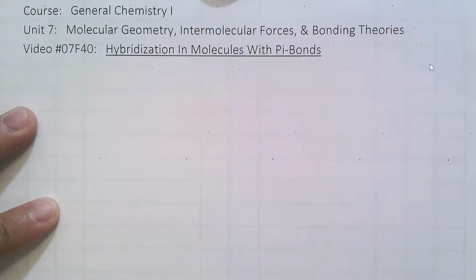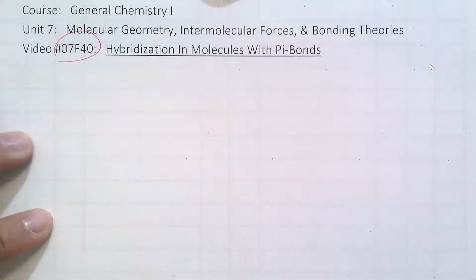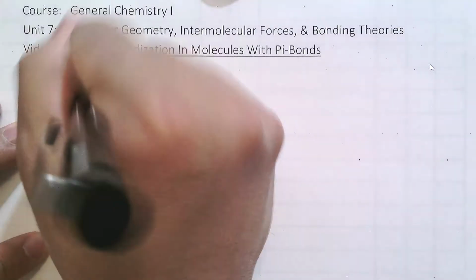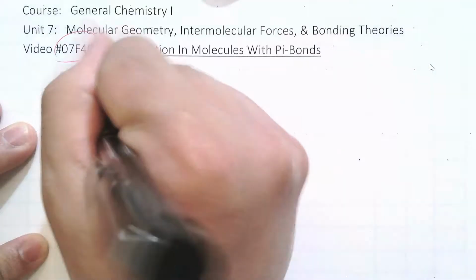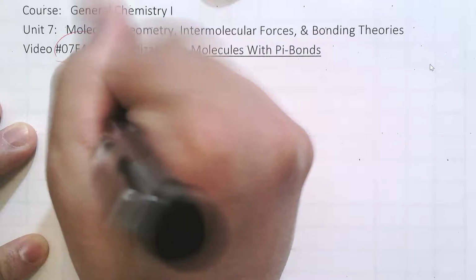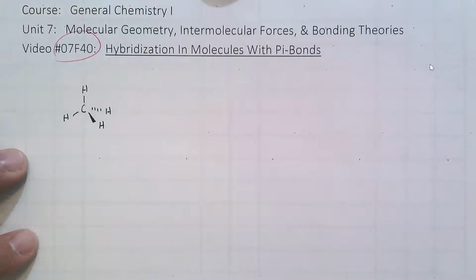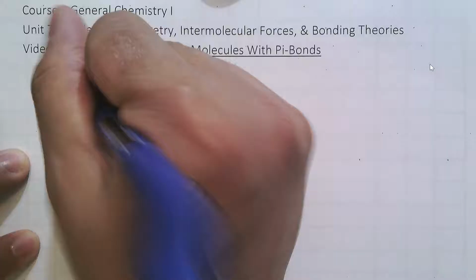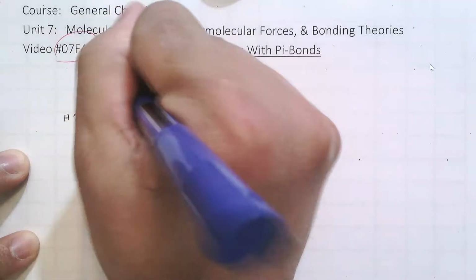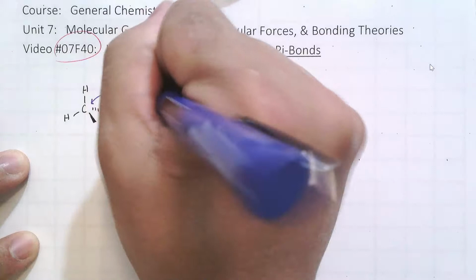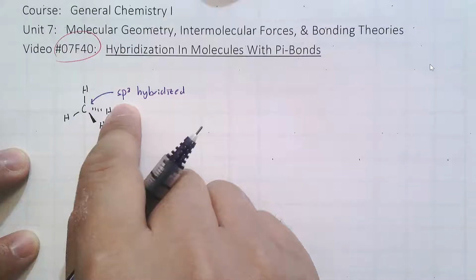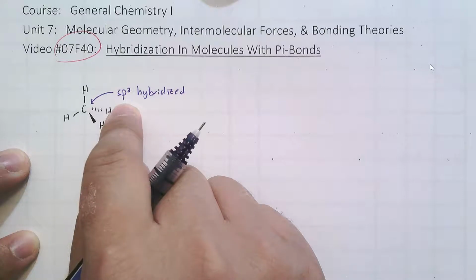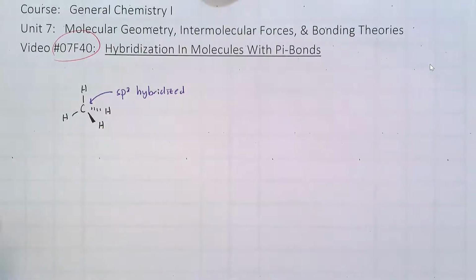Okay, let me just remind us that when we have carbon and there are 4 single bonds, that carbon is hybridized. Do you remember what kind of hybridization this carbon has? This carbon has sp3 hybridization, sp3 hybridized. And because we are mixing 4 atomic orbitals, an s, a p, and a p, we get 4 hybrid orbitals.